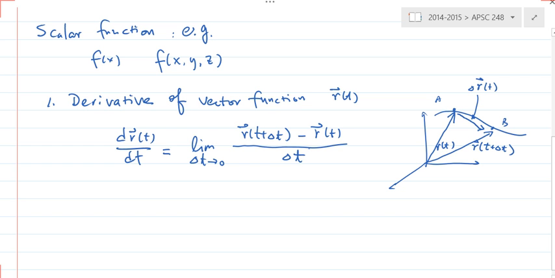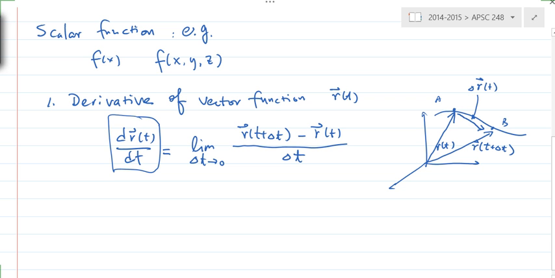Now, as a matter of fact, when you look at the definition of this derivative of a vector function, this vector right here, as delta t approaches 0, the end result of the derivative of the vector function gives you another vector function.